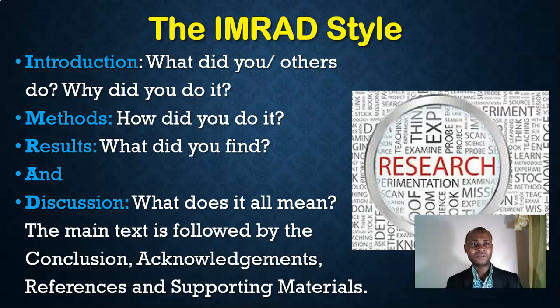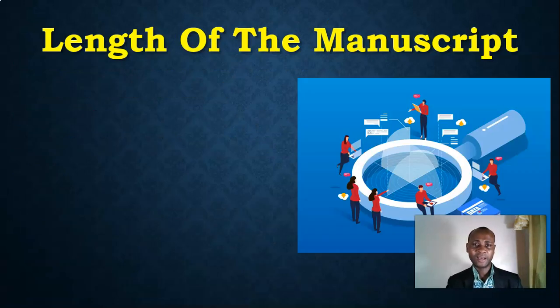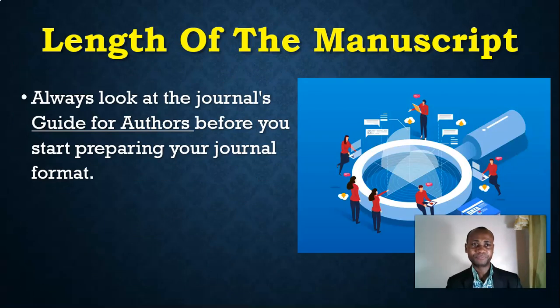We are going to pick them one by one and discuss them in a little more detail. First, the length of the manuscript. Always look at the journal's guidelines for authors before you start preparing your journal paper. Somebody was asking where to find the journal guideline.